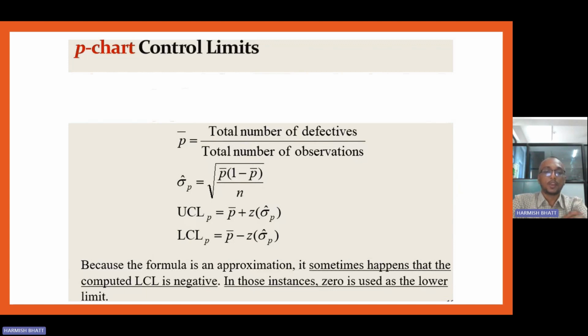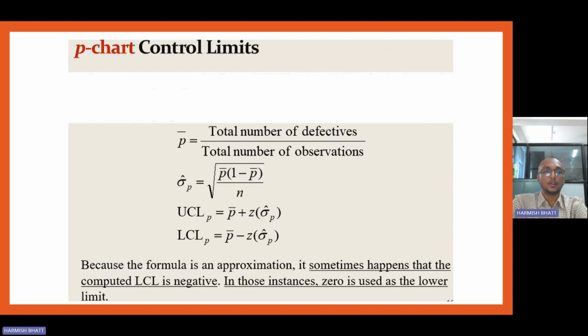So in that kind of case, when the LCL calculated using this equation is negative, you should consider the LCL as 0.